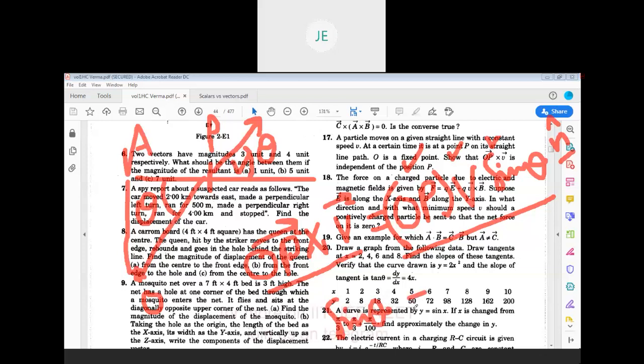In right angle triangle OPA, sin theta will be opposite, that is OA, by hypotenuse OP. So from here OA is equal to OP sin theta.